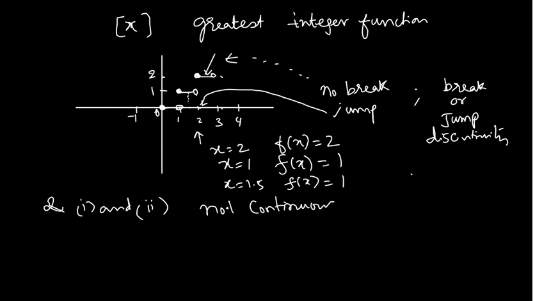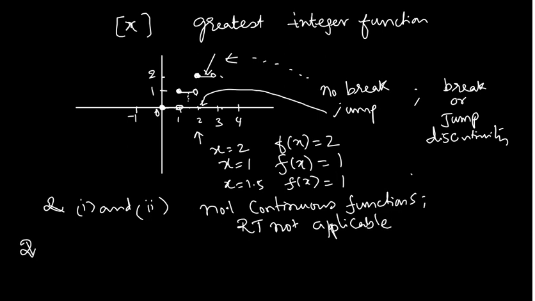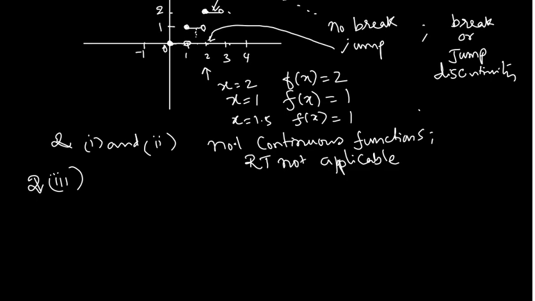Okay. Now we'll go to the third one. So the third question. Here f of x equal to x square minus 1, a is equal to 1, b equal to 2. It is a continuous function because it is a polynomial.